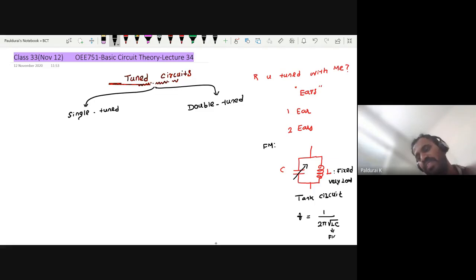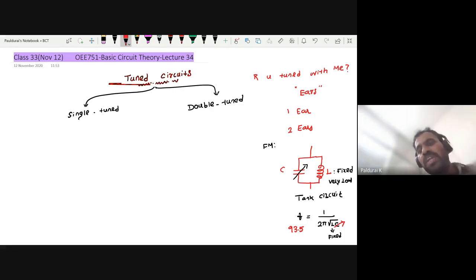L is fixed, by changing C. I'm putting an arrow mark on C. By changing C, it may be 93.5 for Suryan FM, 98.3 for Mirchi. So tuned circuits find application in FM.